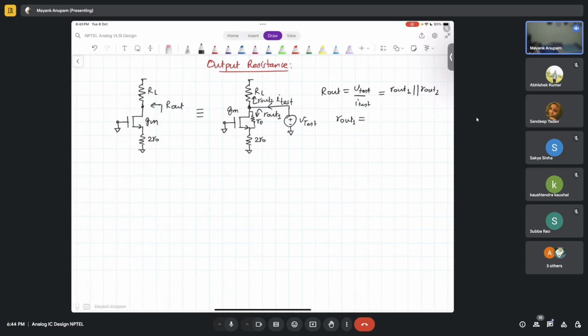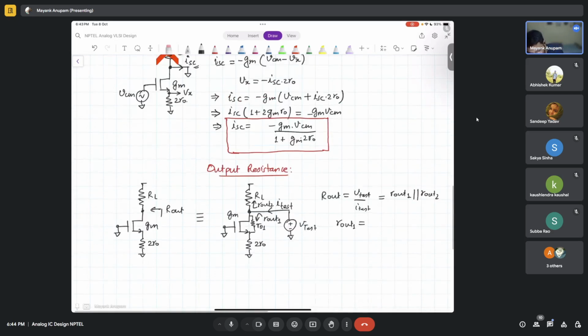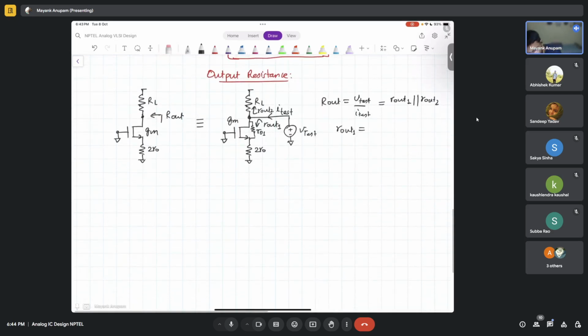Let's call this RO1, corresponding to M1. Now tell me what is this? You remember this, right? This is cascoding kind of, right? What is R out 1? It is GM RO1 times RO2 plus RO1 plus 2 RO2, 2 R naught, right?